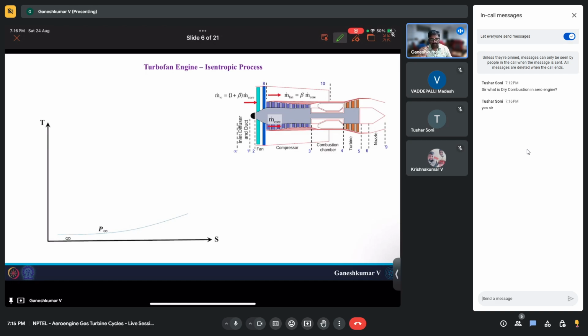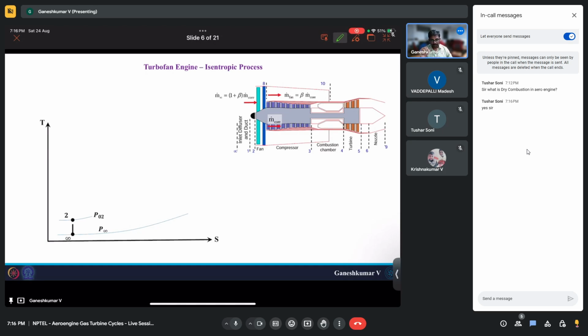From infinity to 2 we have a diffuser. In the diffuser, pressure is going to rise, and so is temperature. But it's an isentropic process, so you will actually have a vertical line. The entropy will remain constant.